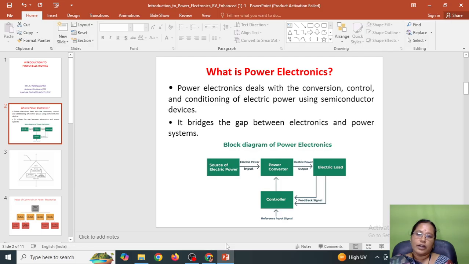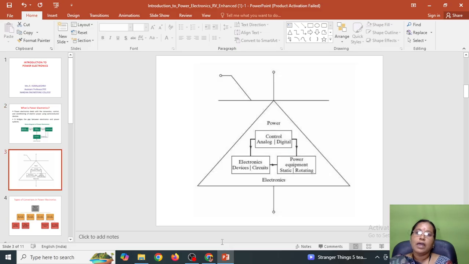Because the controller gets feedback from the load, compares it with the reference signal and gives it to the power converter. Then the power equipments like static or rotating machines such as transformers, alternators, generators and motors are all controlled by small power electronics devices. The control is based on either analog or digital.